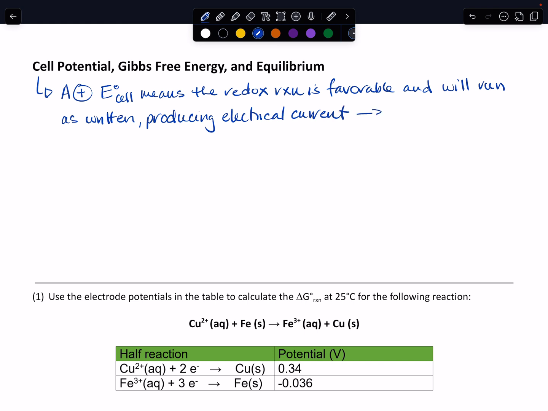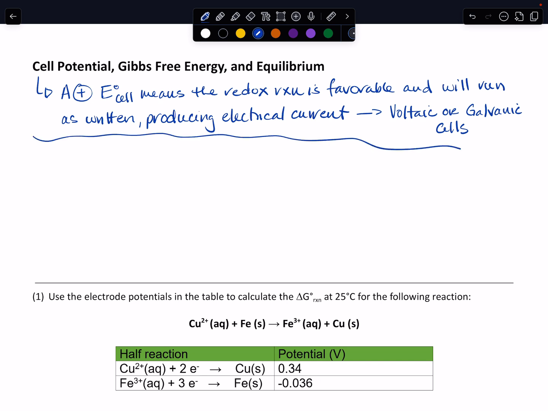We call these types of cells voltaic cells, or sometimes galvanic cells. So if you have a positive cell potential, then you know that as written, that cell will run favorably, which means that you should convert those reactants into products. And as part of that, electricity will run from one half cell to the other.